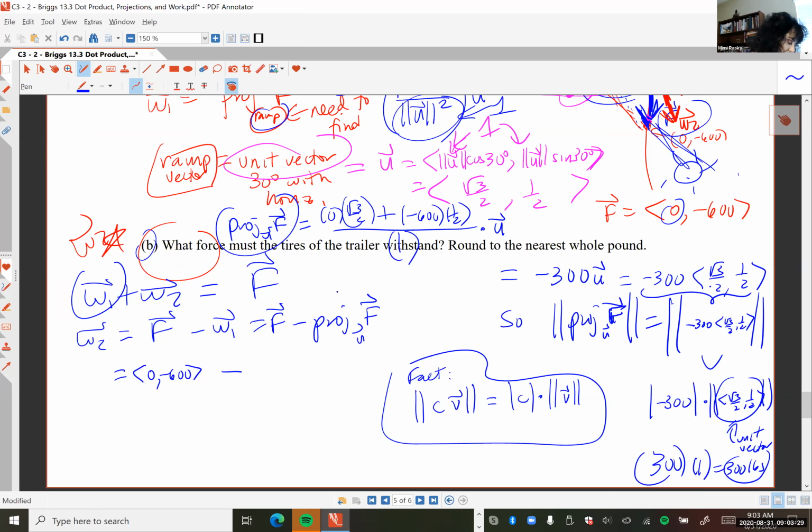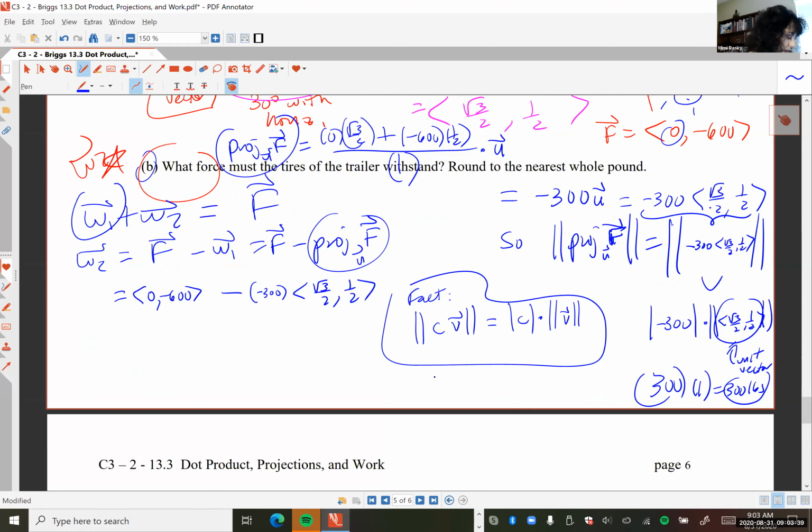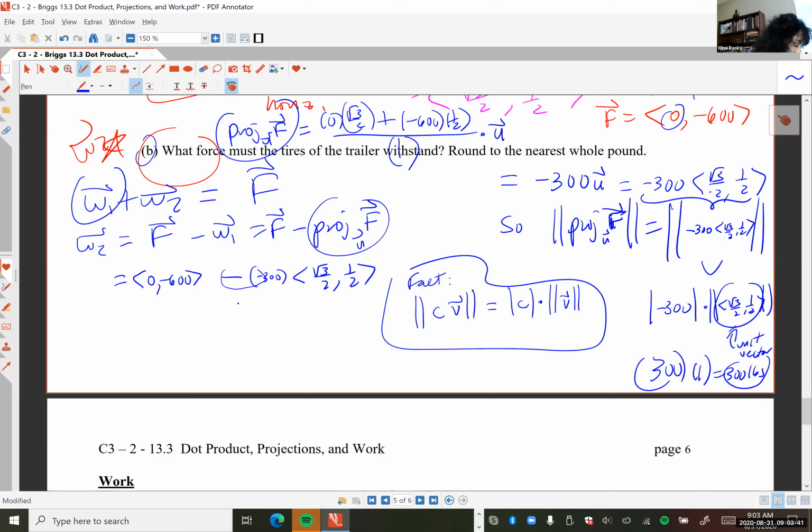Minus, now this projected vector, remember, was negative 300 times that little ramp vector that I created. So this minus is going to give us a plus, and then if I distribute the positive 300 over my little unit vector, I'll get, after doing a little bit of reducing, 150 square root of 3, and then positive 150, because we did the positive.